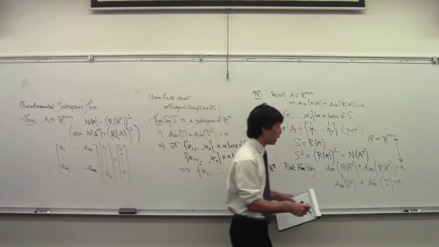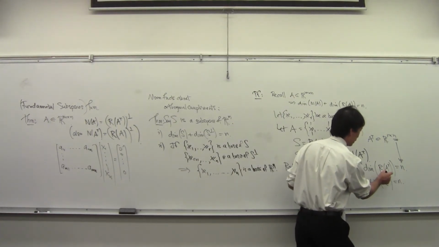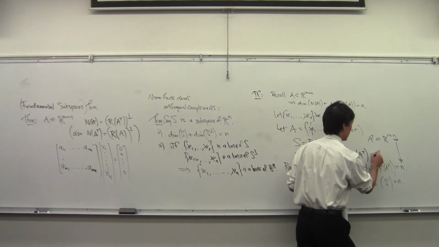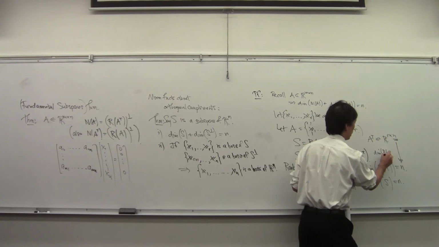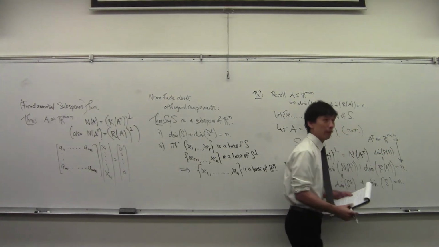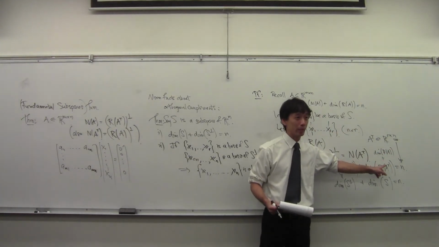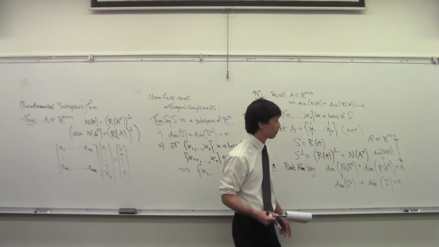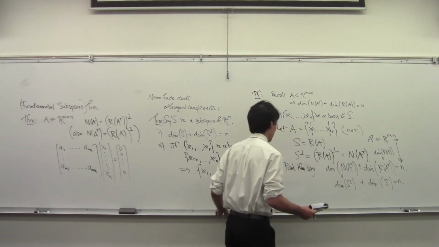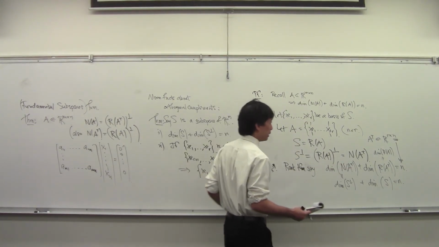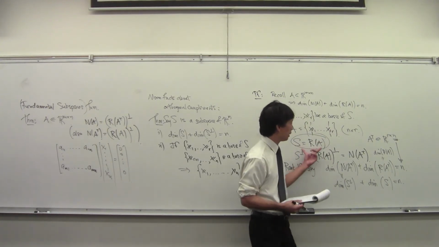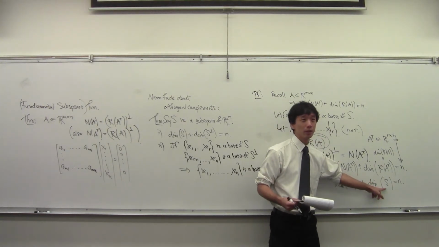Now there's one thing that I sort of slid over, which is that the dimension of the range of the transpose and the dimension of the range of the original thing is the same. Remember, we did this: the column space and the row space have the same dimension when we were talking about the rank. You might be saying, how did he replace that with the dimension of S?